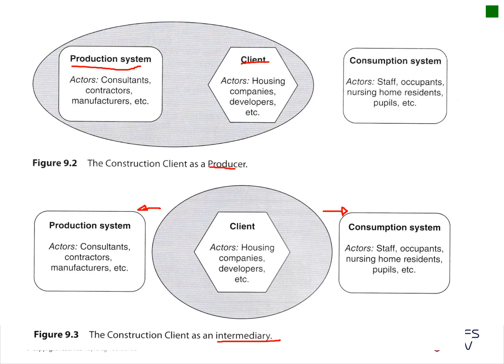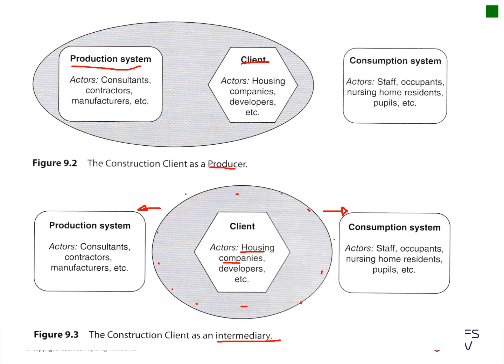So it will be a developer, like housing companies that develop and so forth, but it will be all in-house, and they will neither be the end users, nor will they be involved in the actual production.